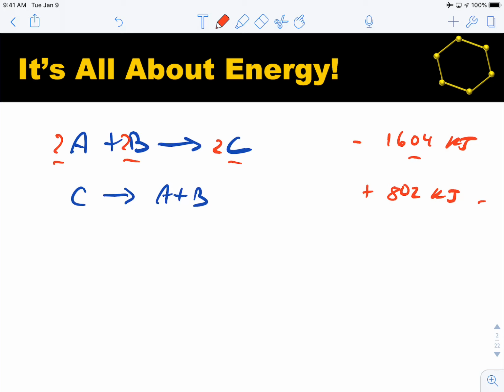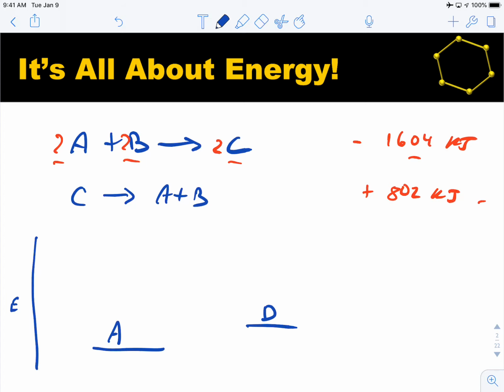Another point I want to make is that, say, you want to know the energy to go from A, which is here on an energy profile, to D, here. And you don't know it.